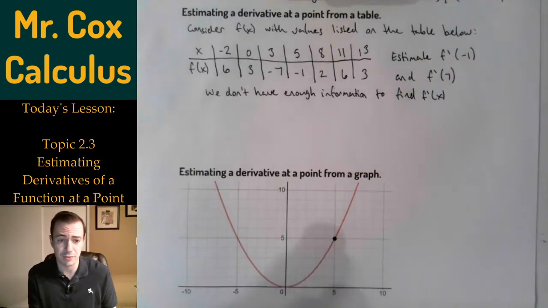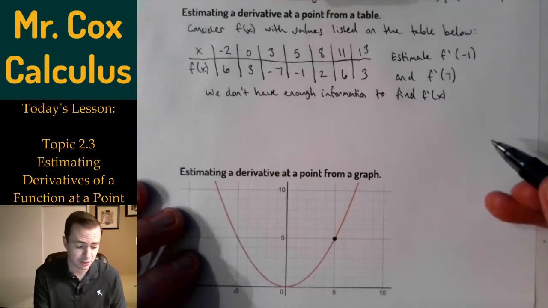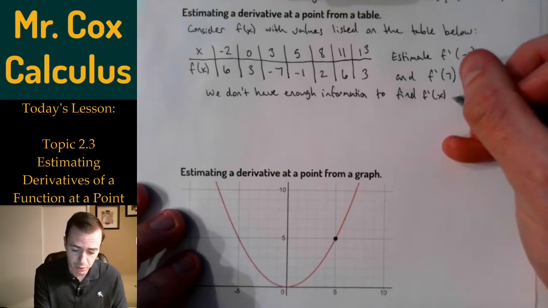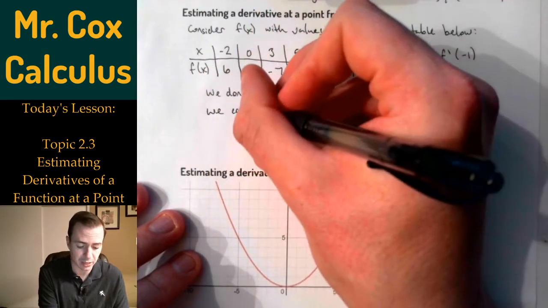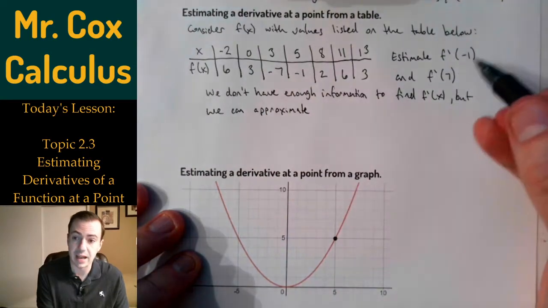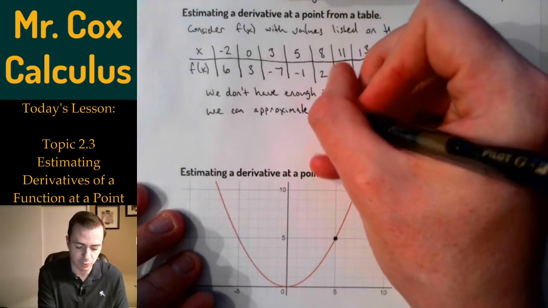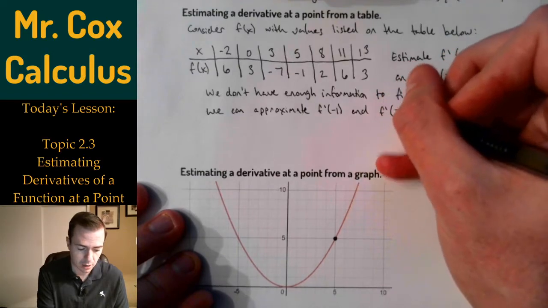If you think back to that limit definition, where I have to find what f of x plus h is, I don't have an f of x plus h laid out here in this table, and I don't have an f of x where I can go get it. So I don't have enough information to do the limit definition, but we do have enough information to at least approximate what it asked for, which was f prime of -1 and f prime of 7.